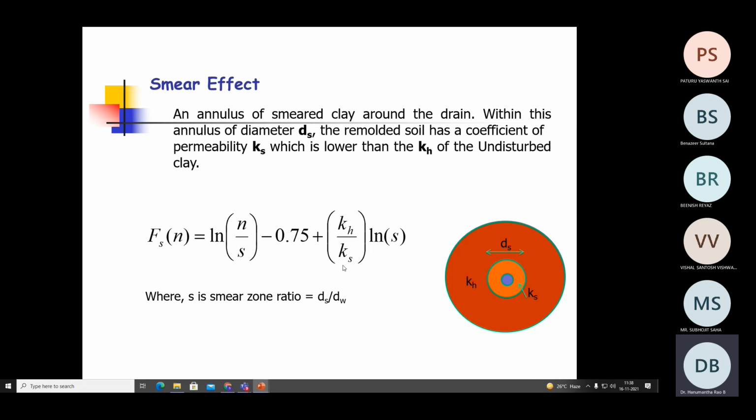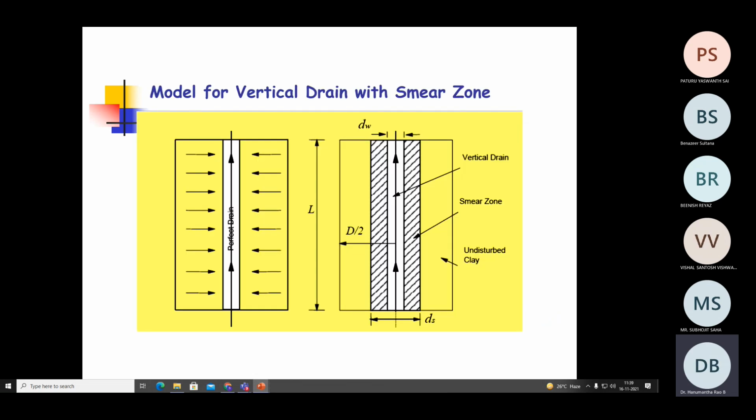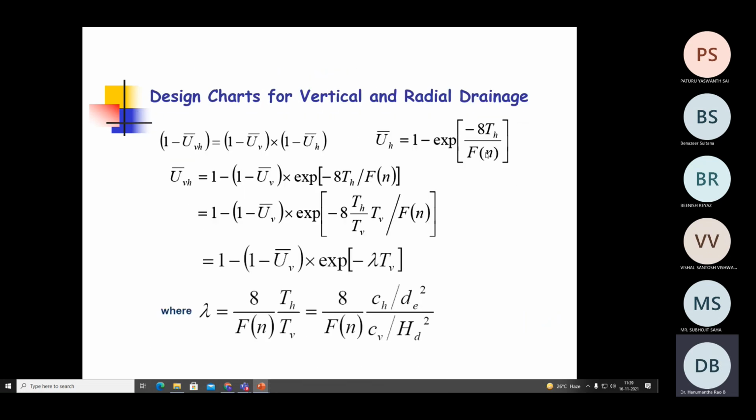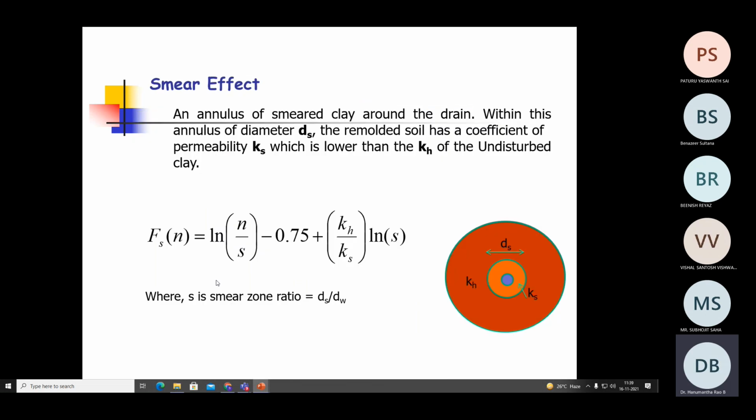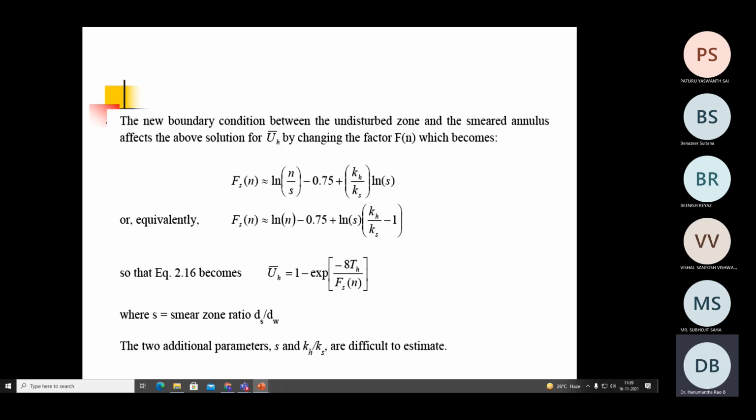So now it should be clear to everyone what the PVD is, what the smear zone is, and what the undisturbed zone or zone of influence is, and then how to account for the smear effect in the consolidation equation. So this is the equation for f of n. If you remove the last term, that becomes no smear effect, no well resistance.